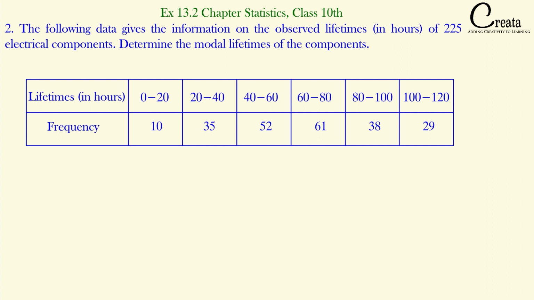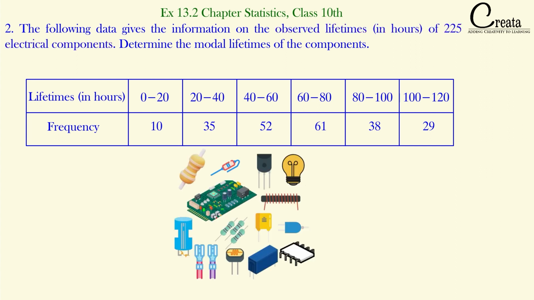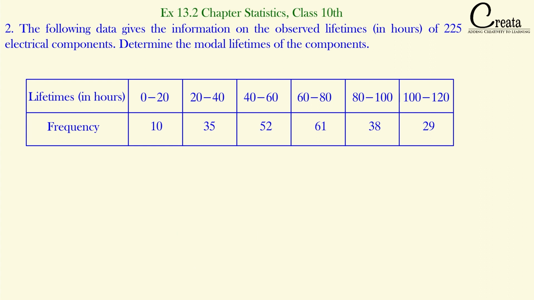So let's observe. In this question, the data is given regarding the observed lifetimes of 225 electrical components. We are having 225 electrical components, and what is the total lifetime of those components? The data is given. Understand this question. In the first row, we are having the lifetime, that is in hours. How many hours our component lasts, the total lifetime of our electrical component.